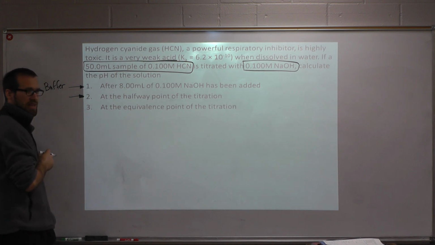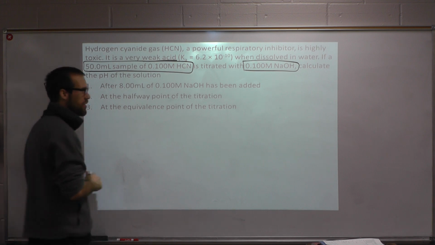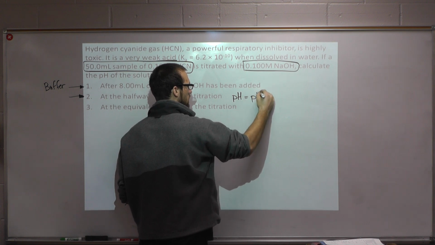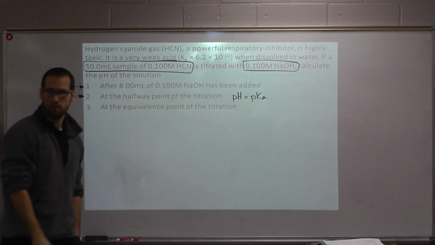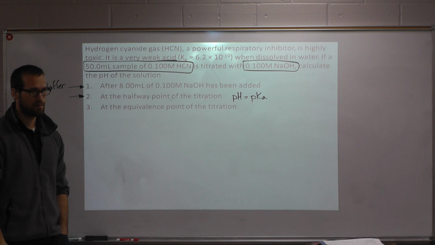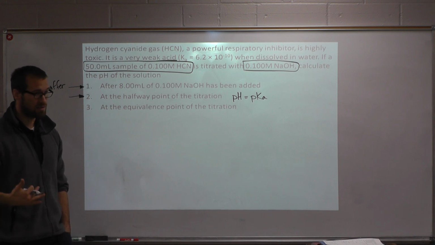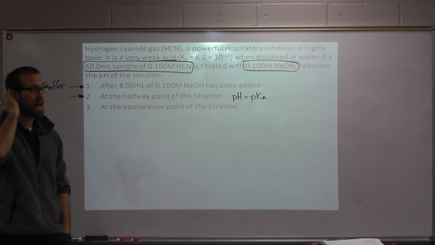Guys, number 2 should be really easy. If they tell you what is the pH at the halfway point, what should you immediately do? If that's all they want, they don't give you numbers where you actually have to figure out what the halfway point is.